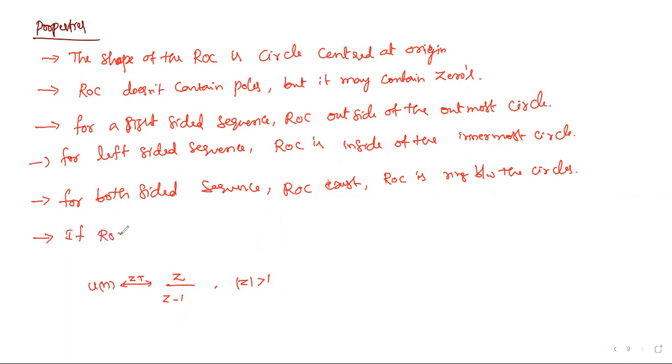If the ROC includes the unit circle, then the discrete time Fourier transform will exist, otherwise it doesn't exist. So this unit circle will play a major role in the Z transform.